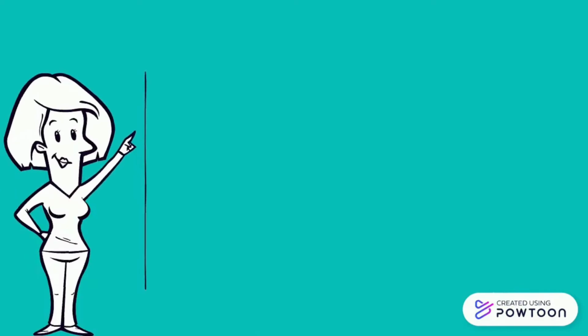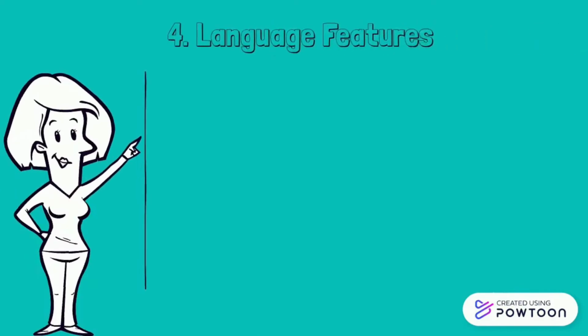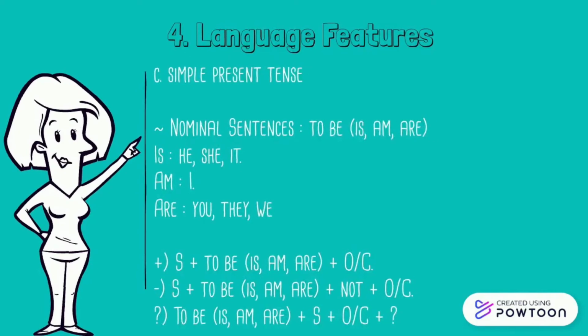The next one is simple present tense. Simple present tense is a verb tense with two main uses. We use simple present tense when an action is happening right now, or when it happens regularly or repeatedly, which is why it's sometimes called present indefinite.